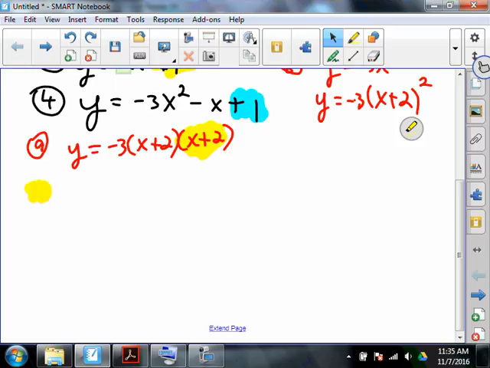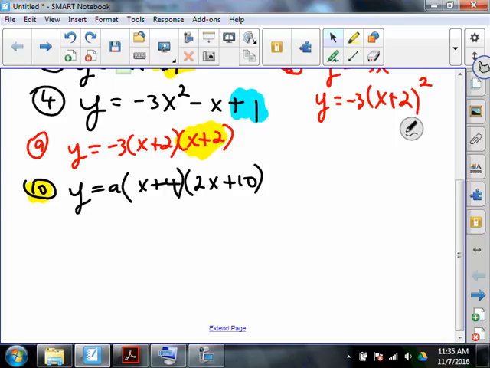Question number 10 is going to say y equals a times the quantity x plus 4 times the quantity 2x plus 10, something like that. They're going to ask you some things about the x-intercepts and also the vertex. I think if you know the x-intercepts, that'll get it down to a 50-50 shot.